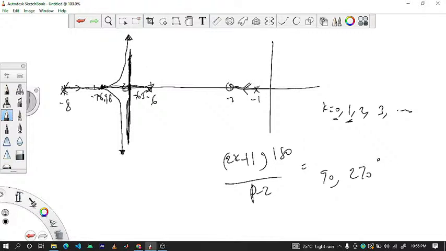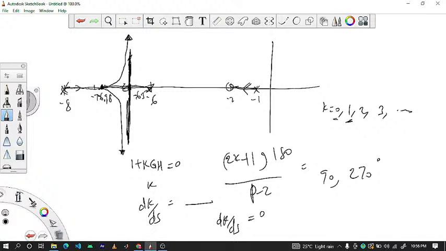Then we go ahead to calculate our breakaway point. And I say that for our breakaway point, we will use the characteristic equation 1 plus kgh equals 0. Make k the subject here. You get a certain equation. Find dk/ds. You get something. When you find dk/ds, you set dk/ds equal to 0 to find the values of s.